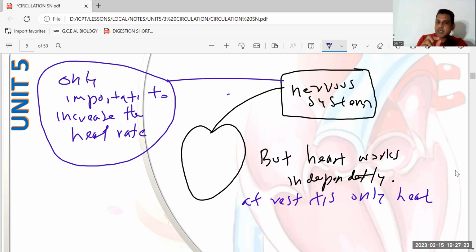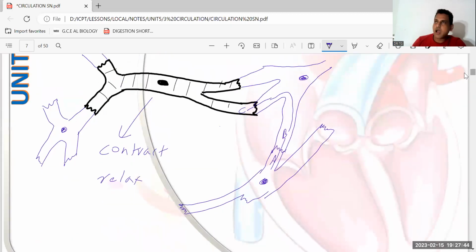So then we understand there is a signal going to contract, signal off. Signal going to contract, signal off. So this should happen, and there is something there to operate this system. So then coming back again, the heart muscle, the myocardium, entirely consists of muscles.